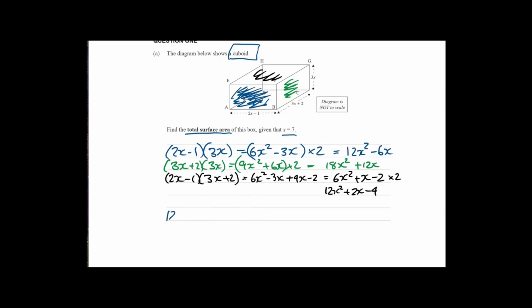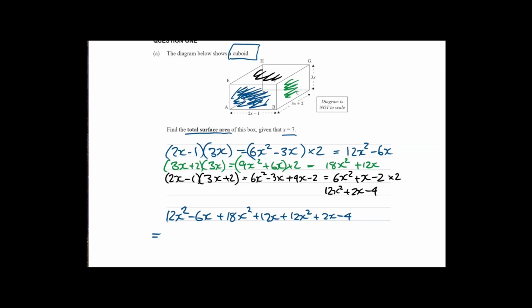So we've got 12x squared minus 6x plus 12x plus 12x squared plus 2x minus 4. Now we're going to collect up the like terms. It's probably in hindsight the quickest way of doing it.